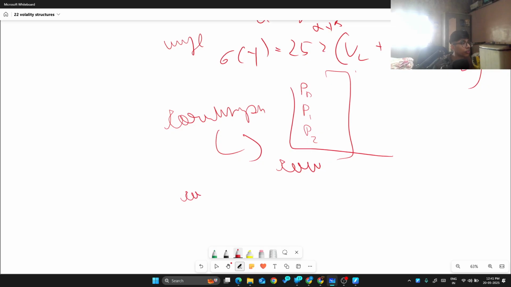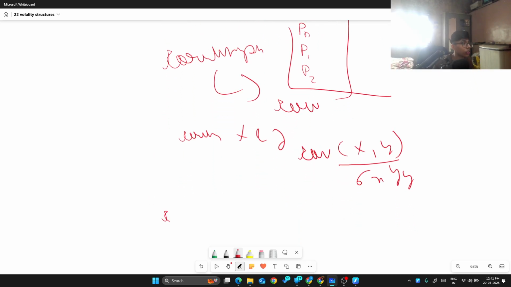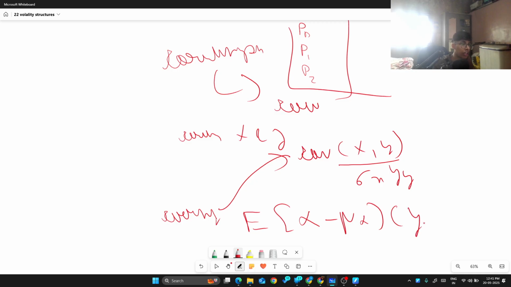The correlation between x and y is the covariance of x and y divided by sigma x and sigma y. So to find the covariance between these, we have the formula expectation of x minus ux and y minus uy, where these are the means of x and y.